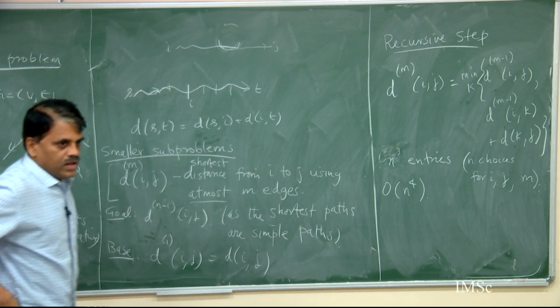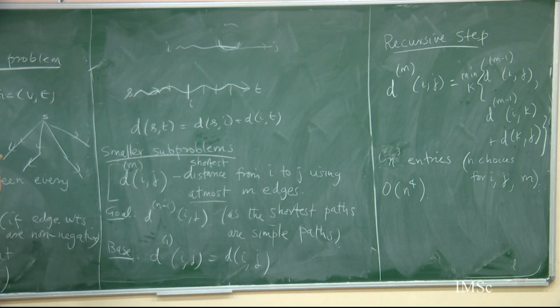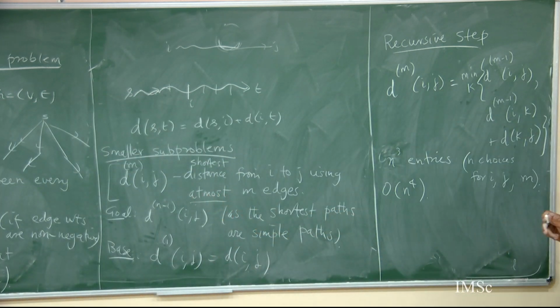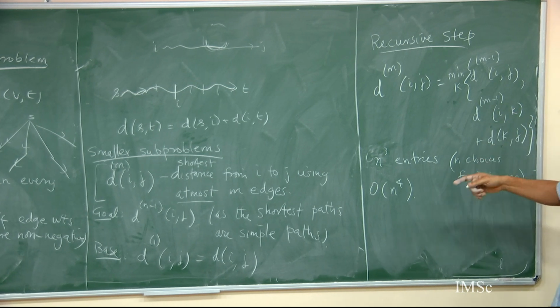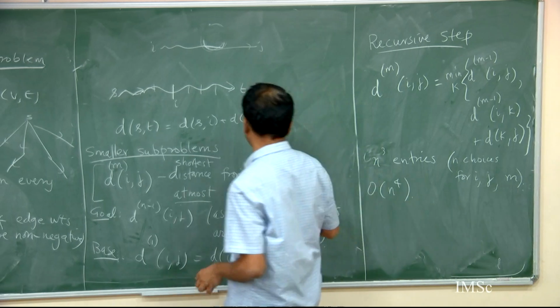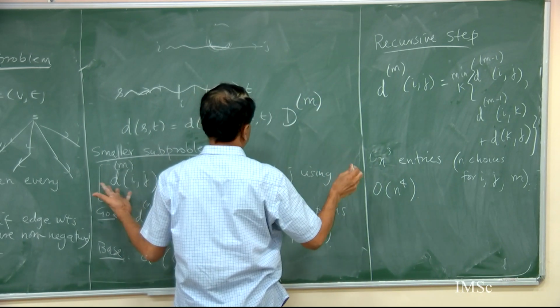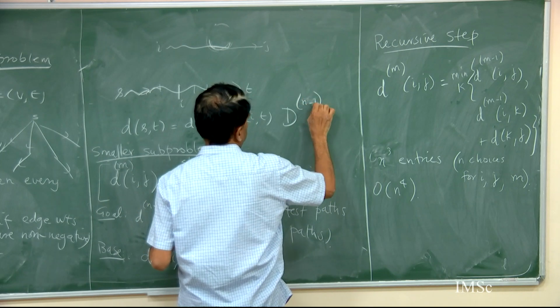Now, Ramesh's observation is, why do I want to go incrementally? What is a natural way to jump? Think of this whole matrix, I'm computing D m, and my final goal is the D n minus 1 matrix.